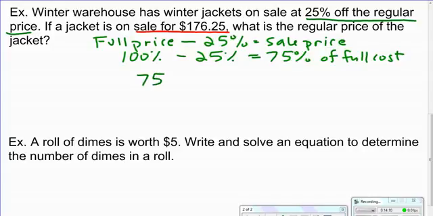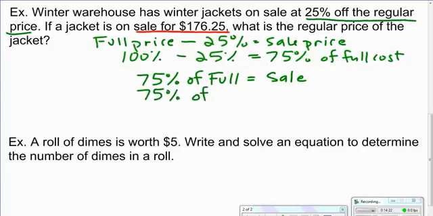So 75% of the full price is going to give us the sale price. Okay? So 75% of, we don't know what the full price is, so let's just say that's going to be F. And we do know what the sale price is, that's $176.25.